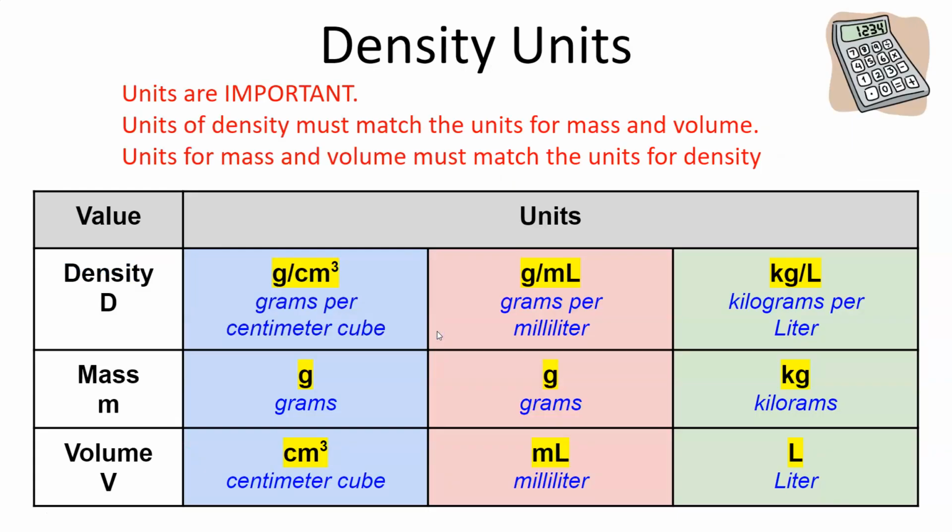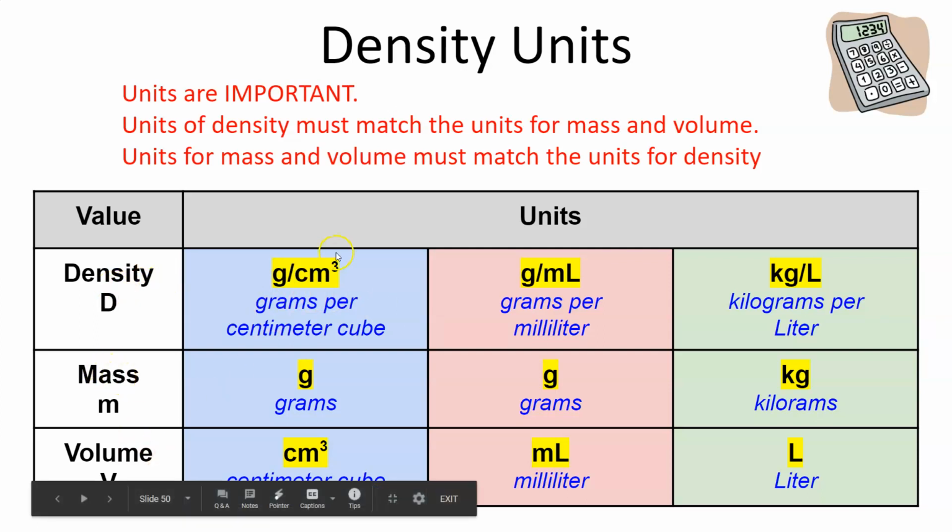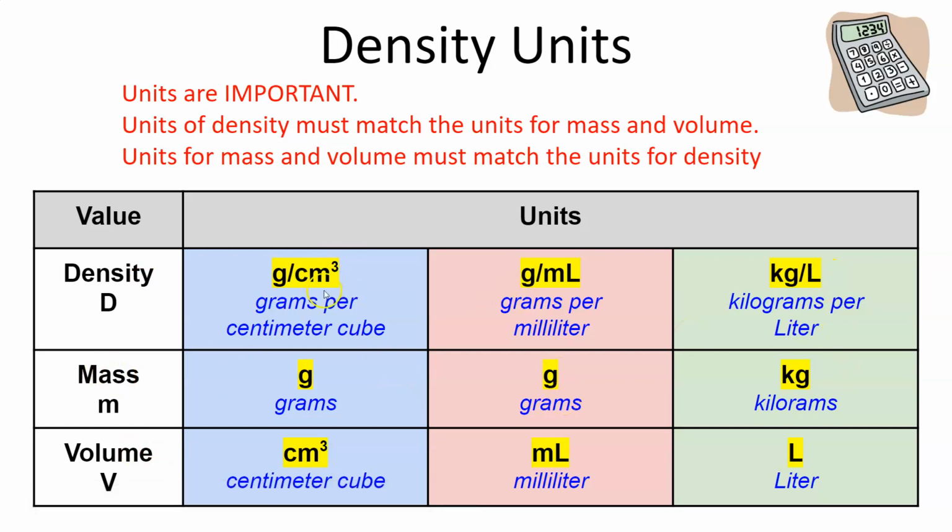All right, with density, it's important to note the units. The units of density must match the units for the mass and volume that make up density. In this table, the first row has density, the next row is mass and volume, and if we go down each column, we'll see units that match up. Let's take the first one.